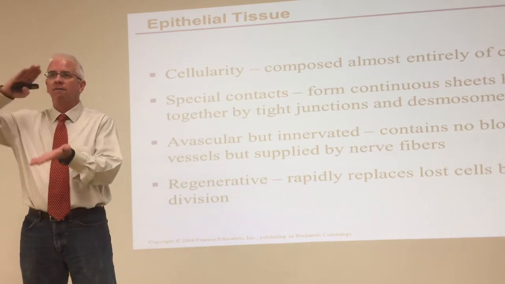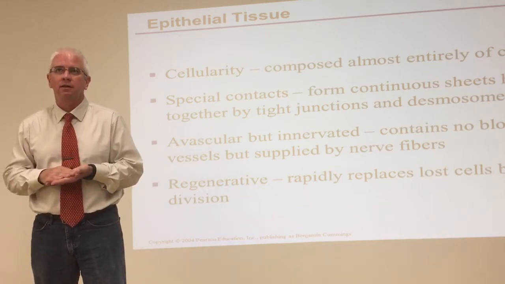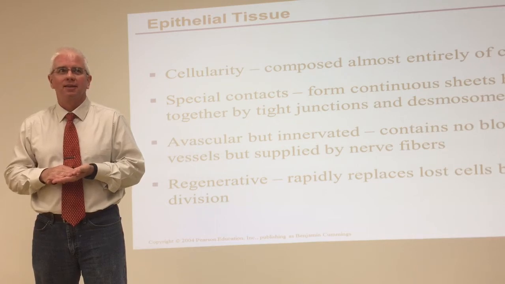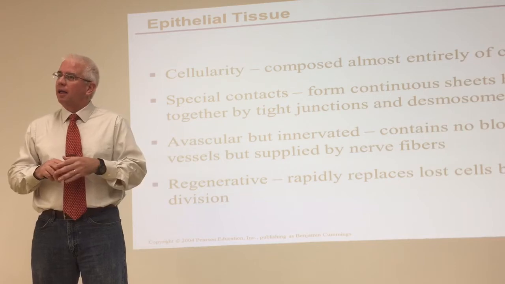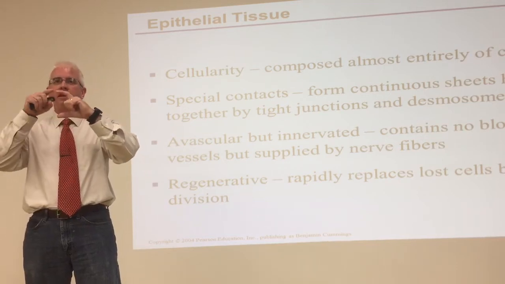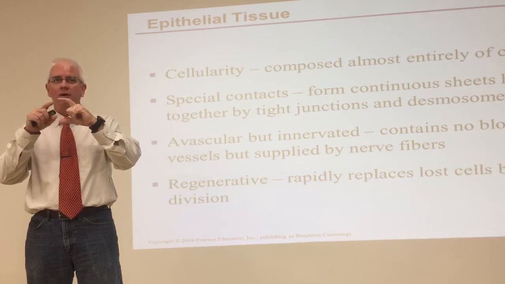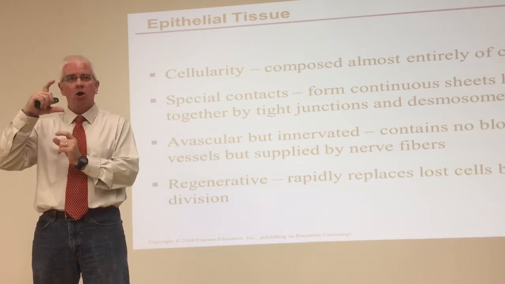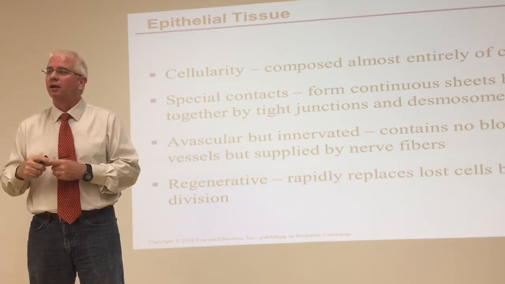Is the cell flat? If it is, we'll say that it is squamous, a word that means flat. If the cell is equally tall as it is wide, we'll call it cuboidal. If it is elongated, taller than it is wide, then we'll call it columnar.